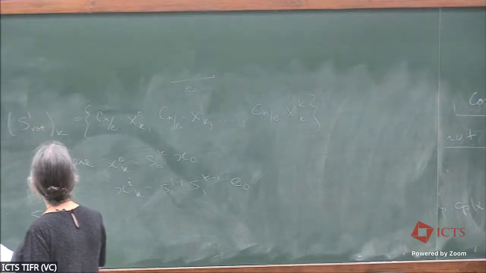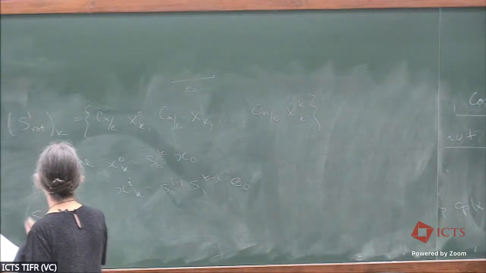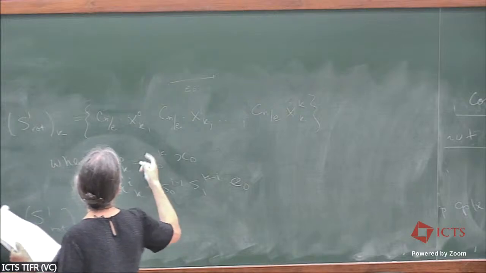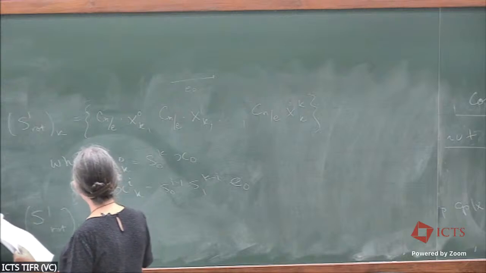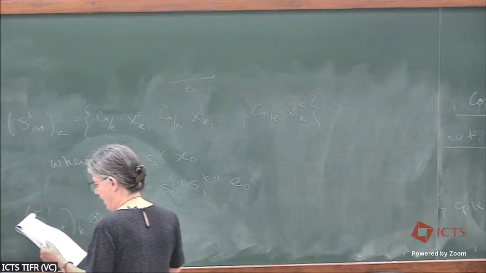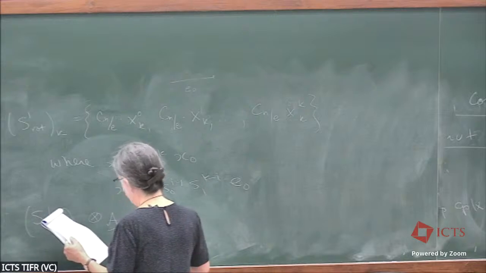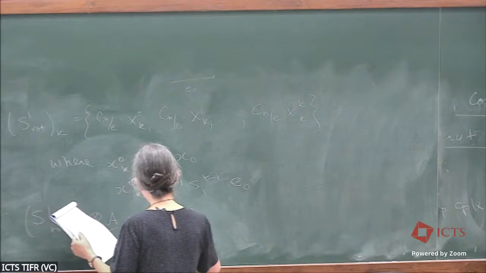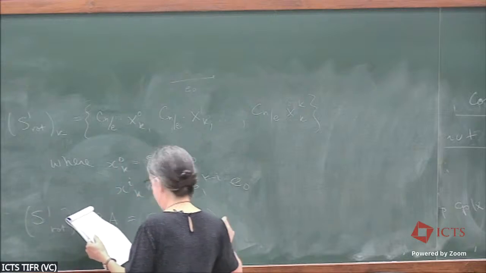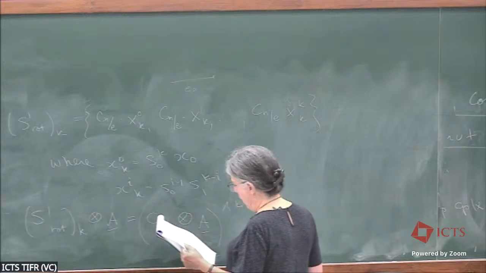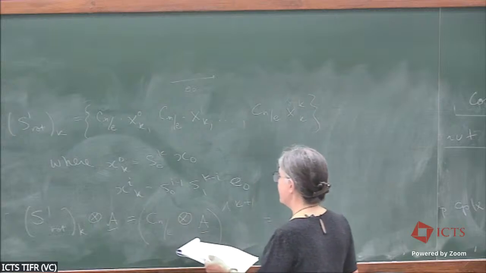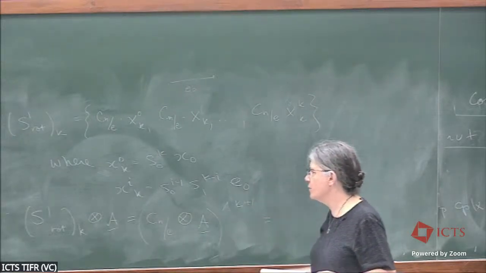So then, therefore, if I do S1 rot k, it's just a bunch of free orbits. So its tensor A is just going to be equal to Cn/e tensor A, but I'm going to have k plus 1 of them. And what is Cn? So this is the wasteful part.